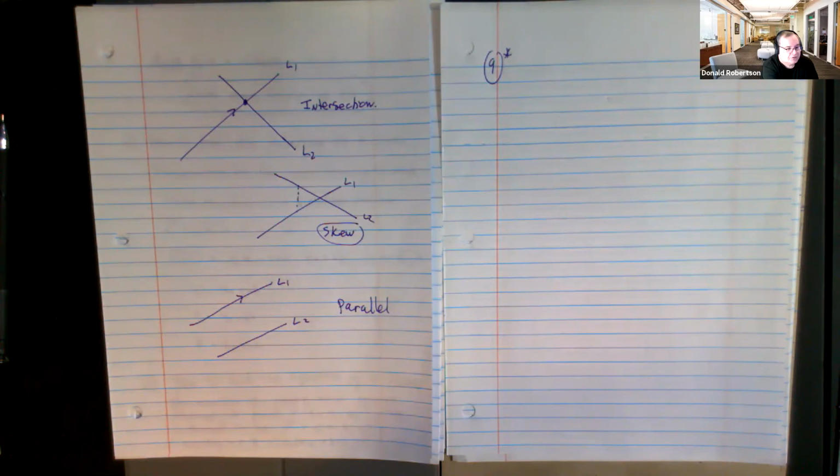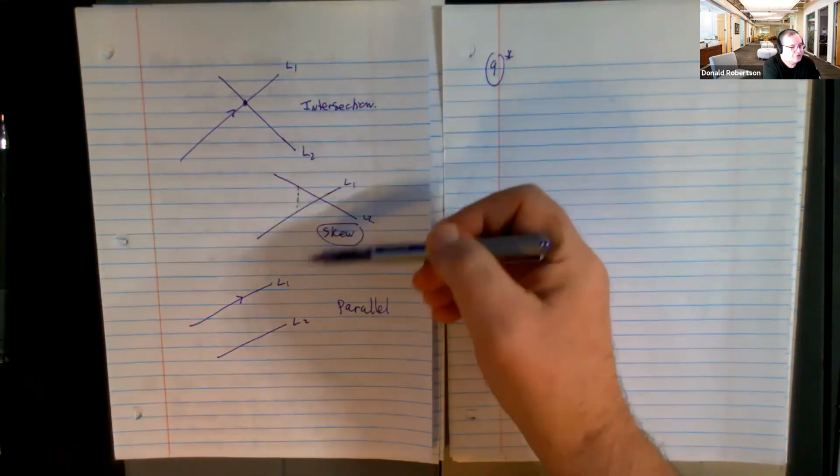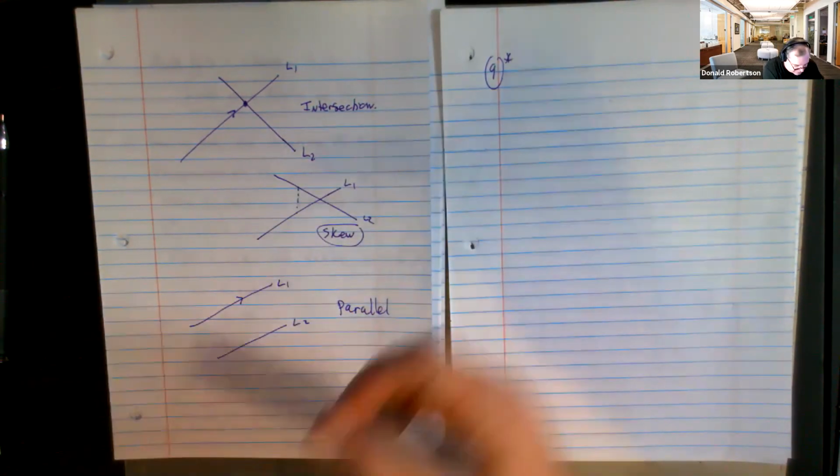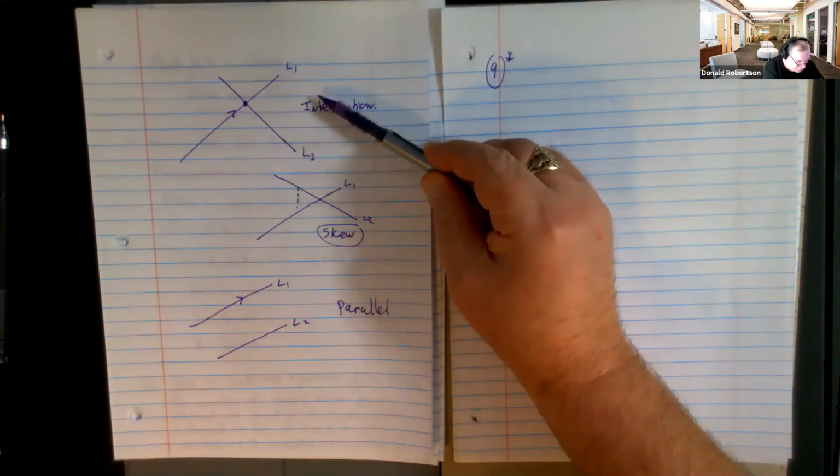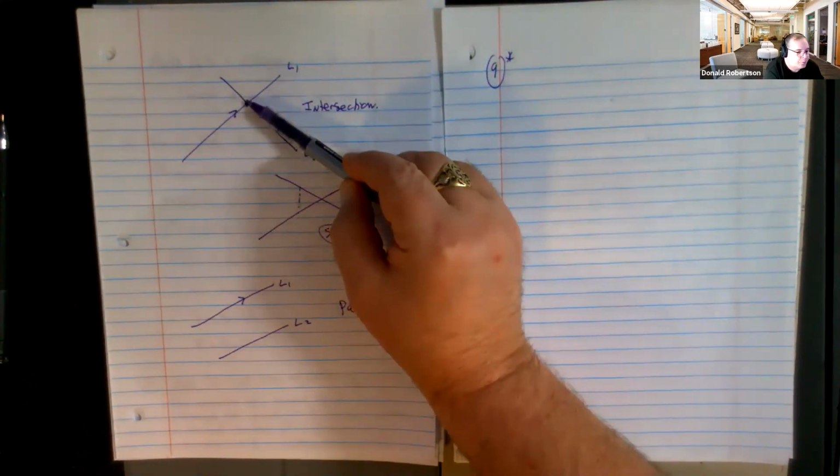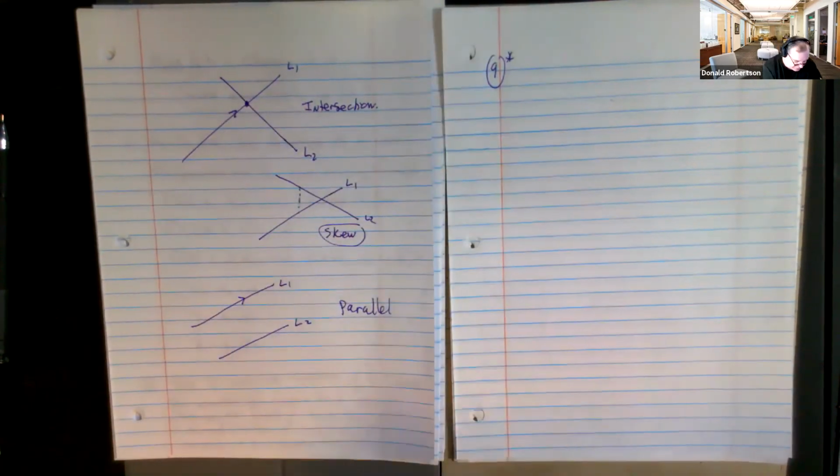So you're going to be given the equation of two lines, and you're going to find out which one of these three situations it is. And if it happens to be the top situation, you're also going to find the point where they intersect. And if it's these two, then the question's over with.